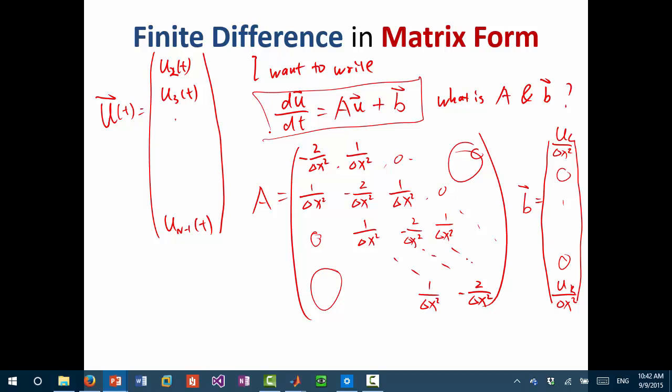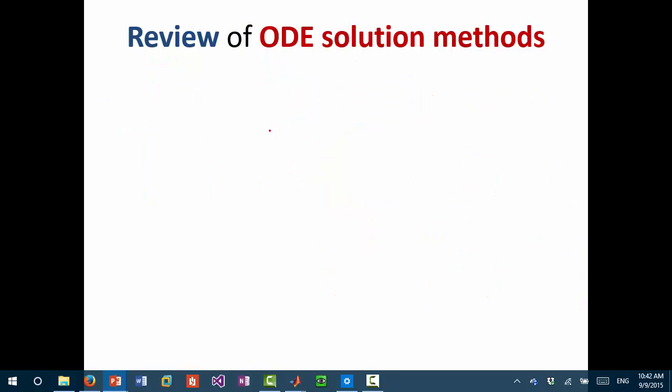So how do we do this? I'm going to review a little bit about ODE solution methods. We have talked about forward Euler, right?